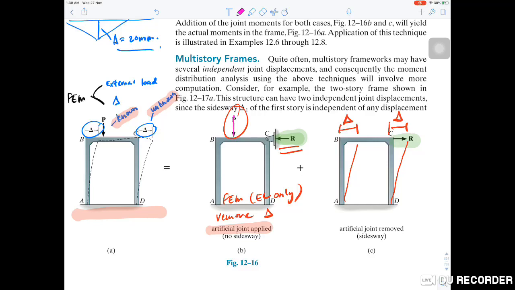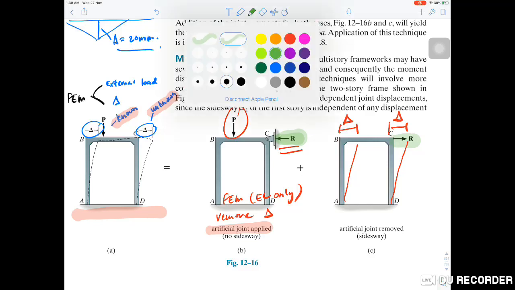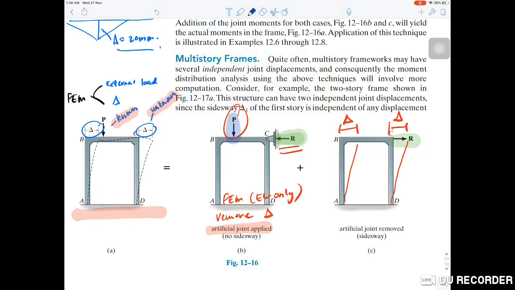It is P plus 0 equal to P. Then it is 0 plus delta equal to delta, and it is negative R plus R equal to 0. So the principle of superposition is now fulfilled.